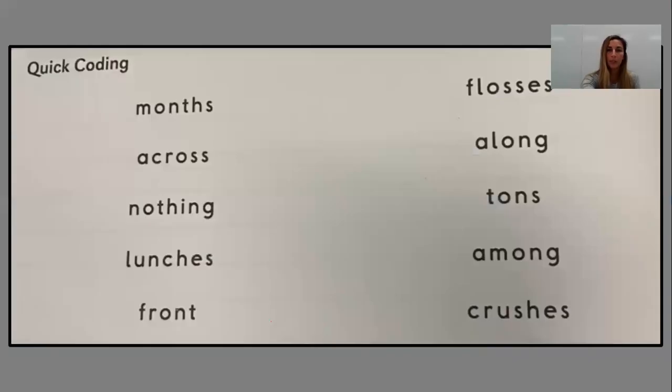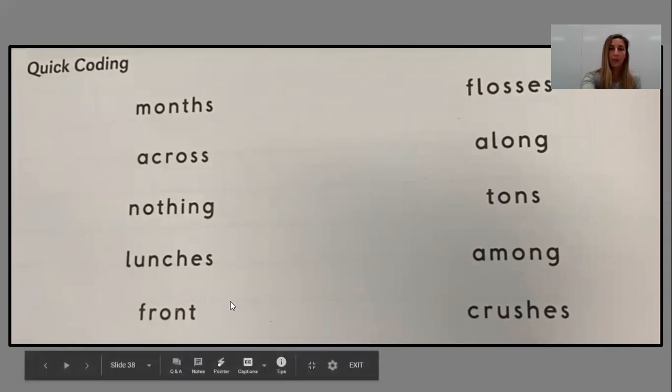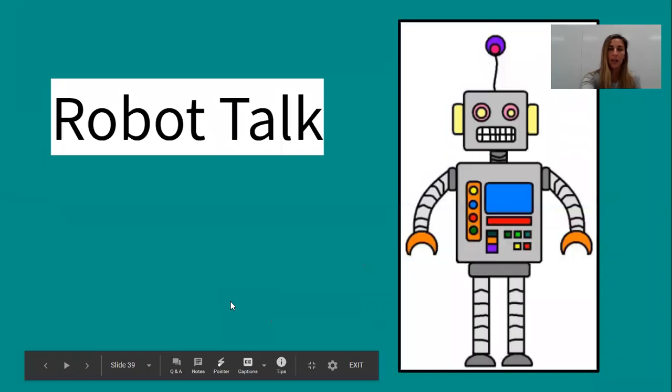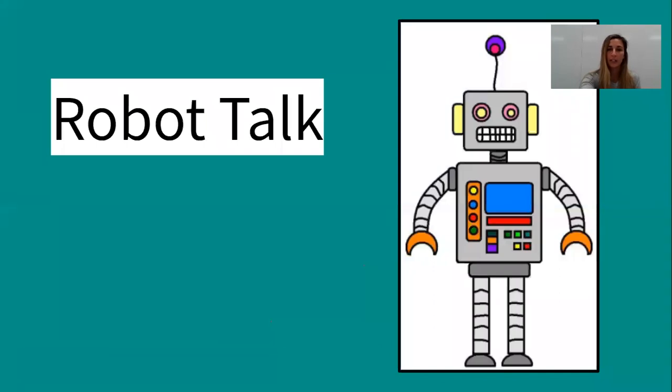So remember, I'll just do a robot talk again. So go slower. Months, across, nothing, lunches, front, flosses, along, tons, among, crushes. So practice that at home. And if you have any questions, make sure you ask your teacher, and we will have our next lesson tomorrow.